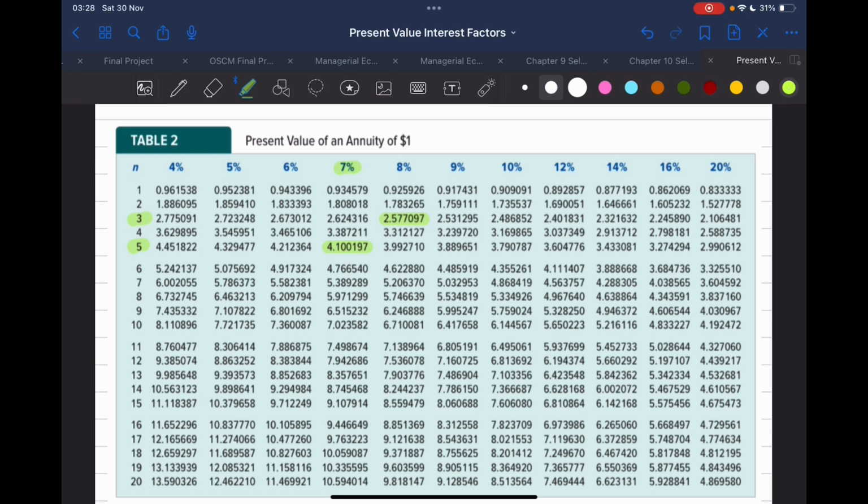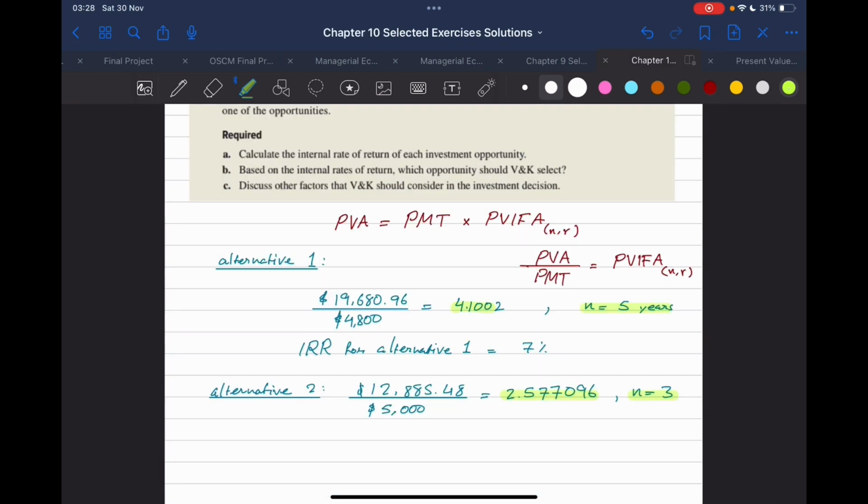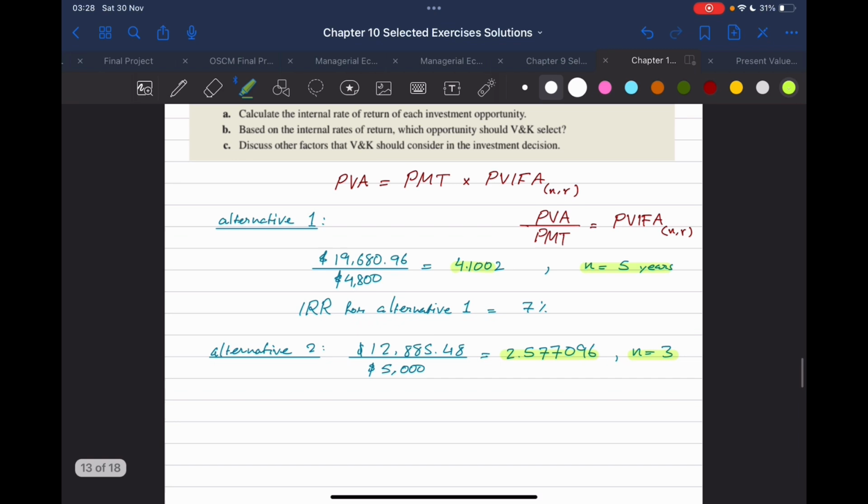Okay? So that corresponds to 8%. So it's safe to say that the internal rate of return for alternative 2 approximately equals 8% with a tiny rounding error.